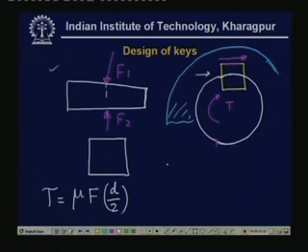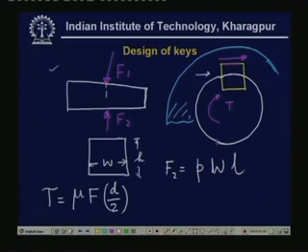F2 is normally the pressure times B or W times L. So this is the total surface, this is W and this is H. Therefore the total force F2 is P times W times L.